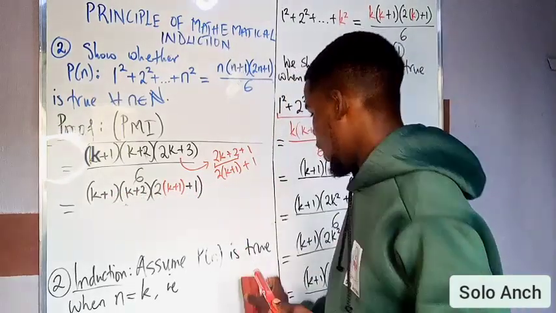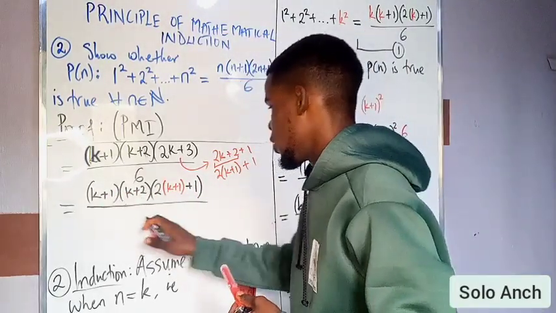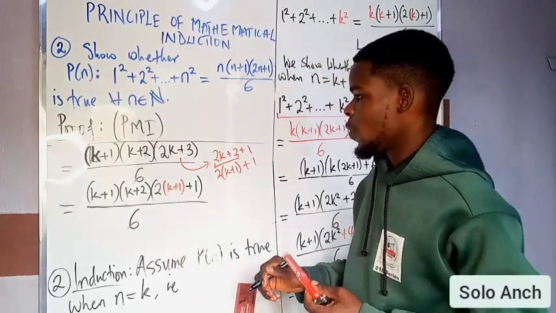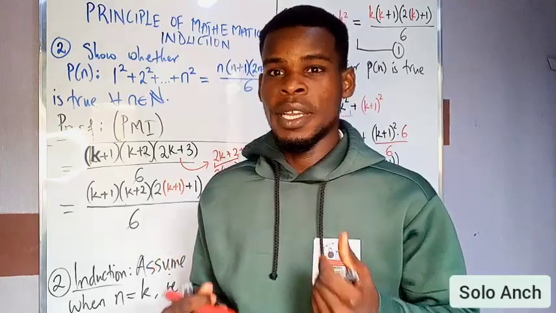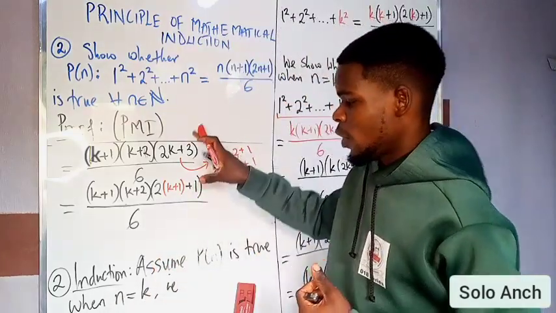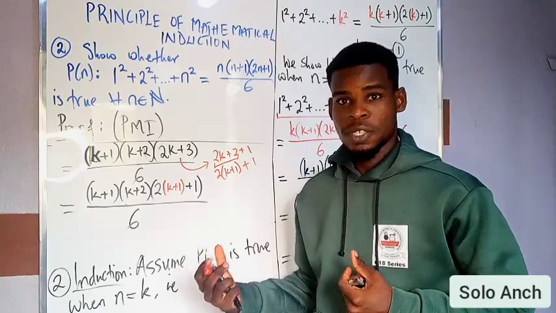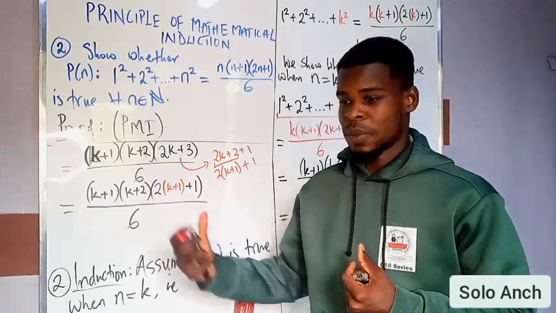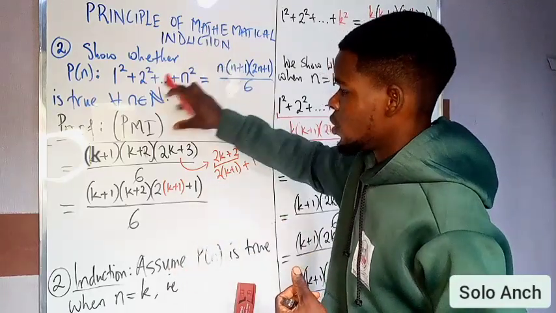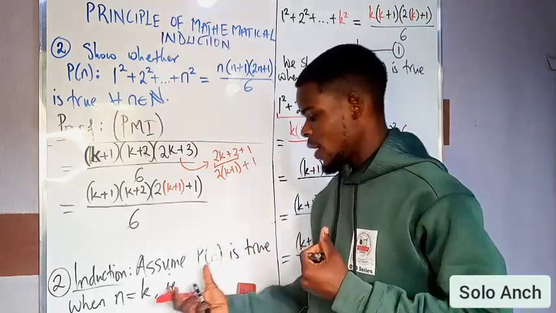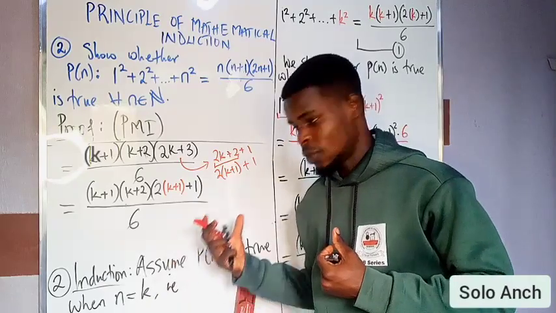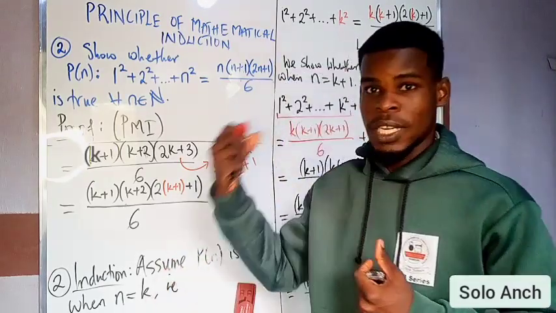So we've shown that by principle of mathematical induction, the statement P of n is true for all natural numbers. That is, for every natural number. How do you do it? Check for the base case. Assume that it's true for some arbitrary number of terms squared, that's the sum of squares, and then use this assumption to show that it's true for the next one.